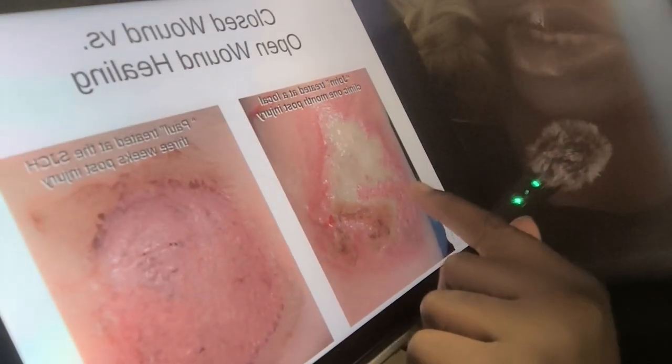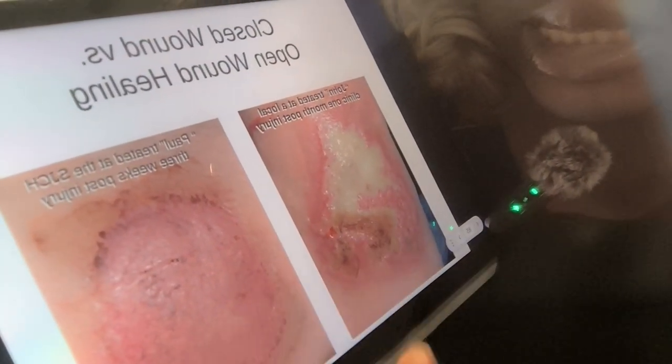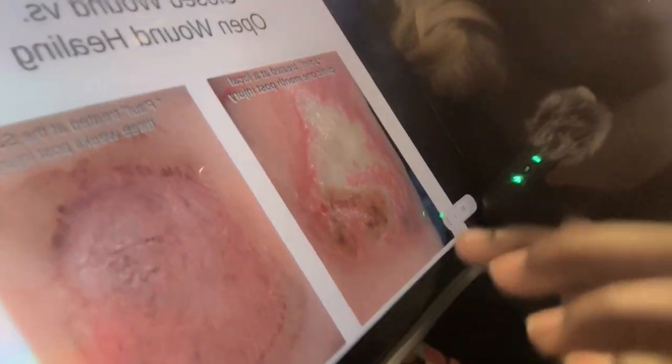Do you see this is open and then this is closed? Because at the burn center they specialize in this type of injury, so they know the best way to do your treatment, personalize it to make you heal faster. Basically that's the difference I'm trying to show you, and also the different types of wound healing.